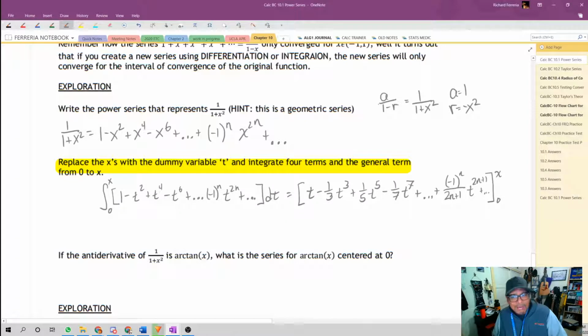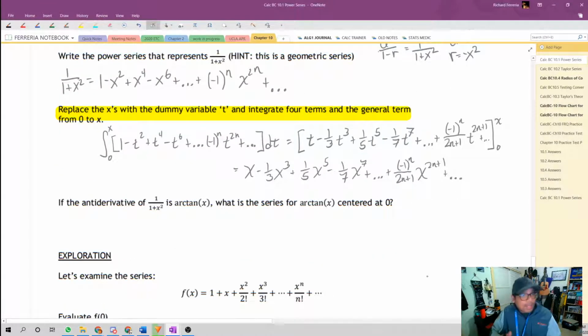And notice that if I substitute 0, each of these terms has a t, so each of the terms when I substitute 0 is 0. So I'm going to just keep that and only write down when I substitute x. And there we have it, a series for the antiderivative of 1/(1 plus x squared).